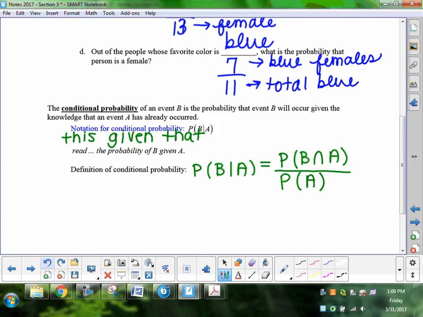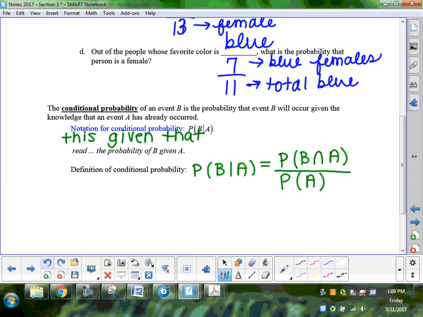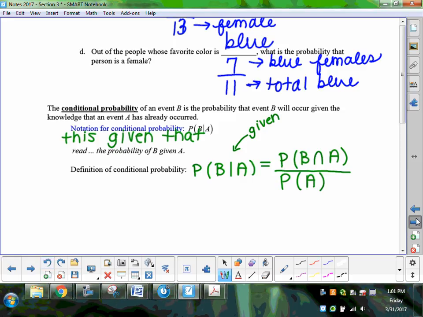It's the probability of this given that is the probability of this and that, over that. A is always the first condition that needs to be met. This is your second one. For the one that we did before, we had probability of blue given female. When you see this line, read it in your head as given. We write this out, especially in the beginning, every time. I wrote it out every time we went through and did it the other day.